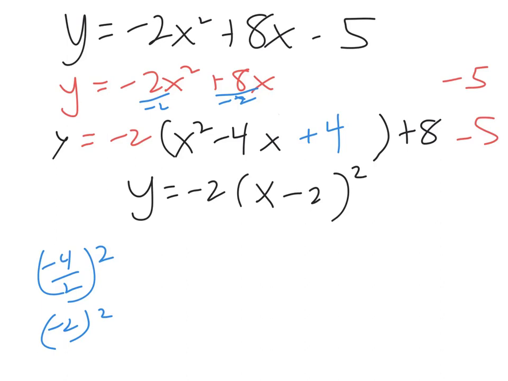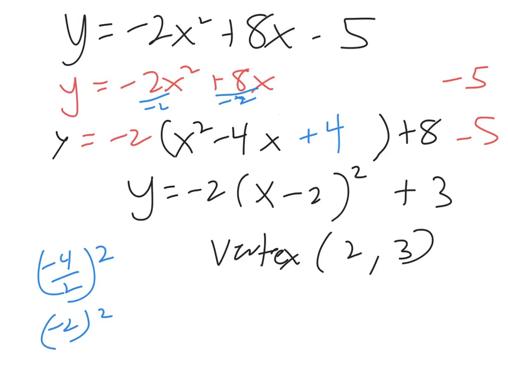It's just the binomial. Then on the right-hand side, this +8 minus 5 is a +3. And so putting it into vertex form is now complete. And I have the vertex, which is 2, 3. And we'll find some other points here in a little bit.